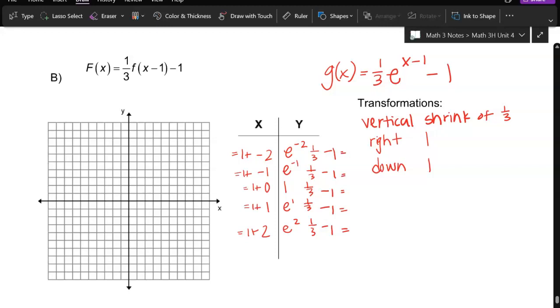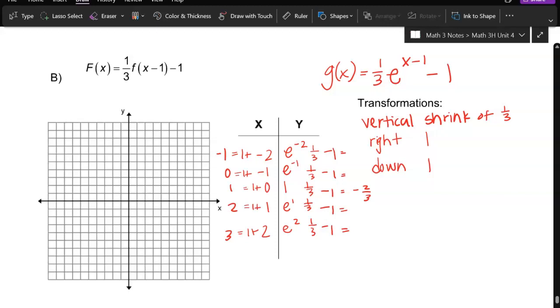All right, so on our x values, this is going to be -1, 0, 1, 2, and 3. And then for our values here, we have 1/3 minus 1, so 3/3, so it's going to be -2/3 here.